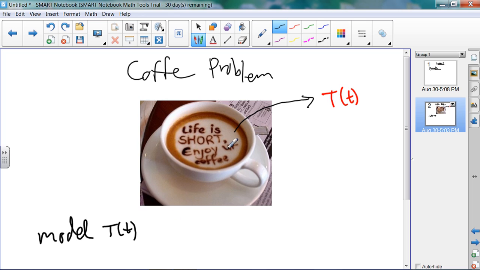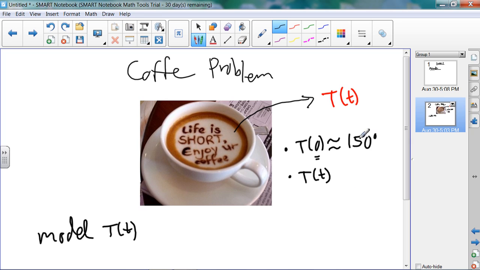So, of course, the coffee is usually, when it comes off the coffee pot, pretty hot, usually about maybe, let's say, 150 degrees Fahrenheit. So that's our initial temperature. We're interested in finding our temperature at any time t.